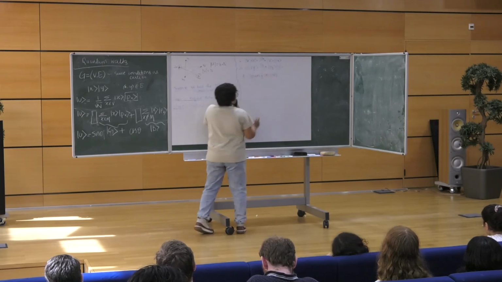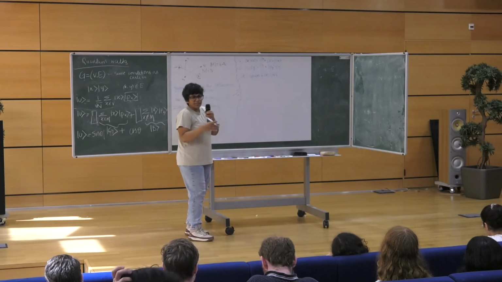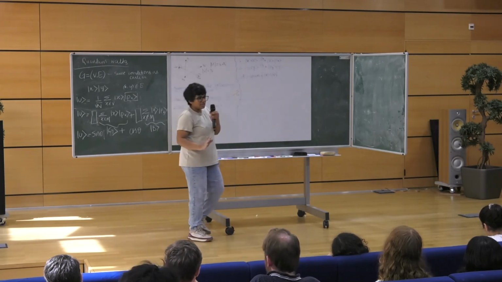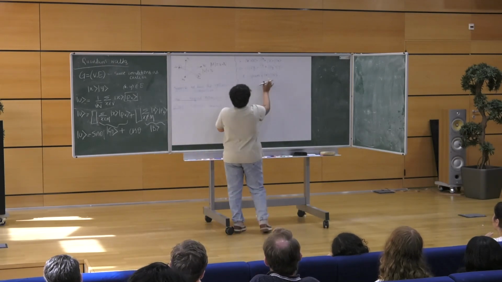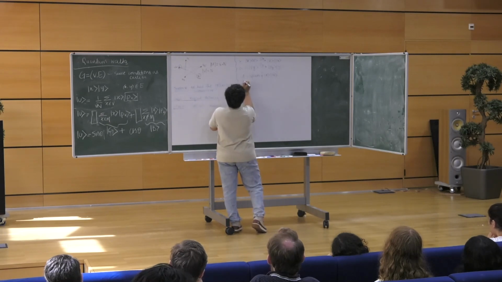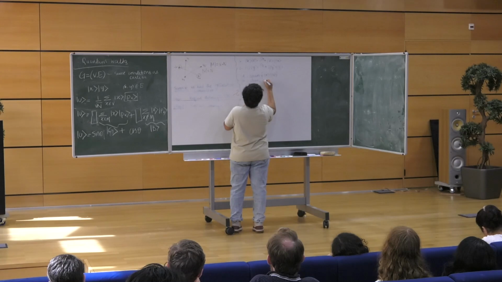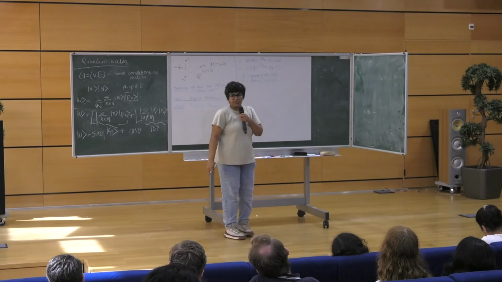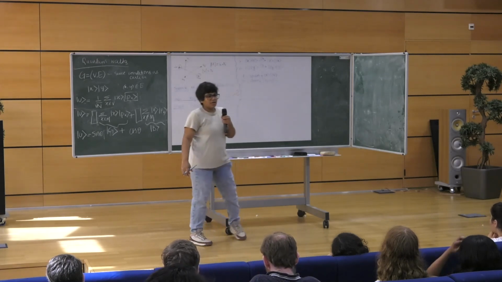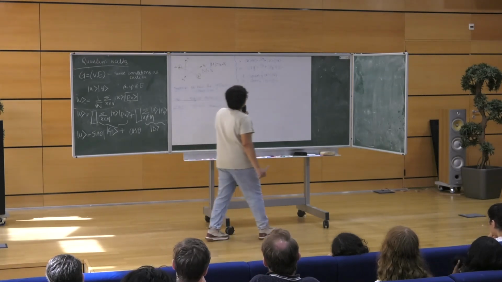And what do I mean by span? It is just some linear combination of all these vectors in this space. And my subspace B is, say, the span of Py, Y. Yeah? Okay? These are the two subspaces that I'm defining.